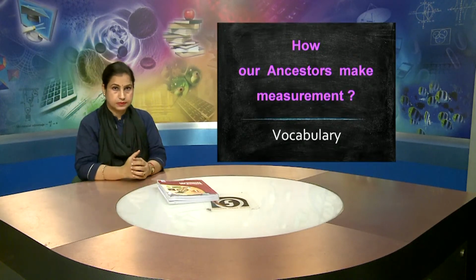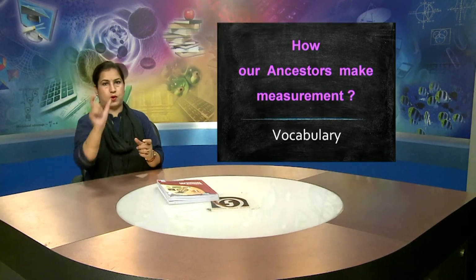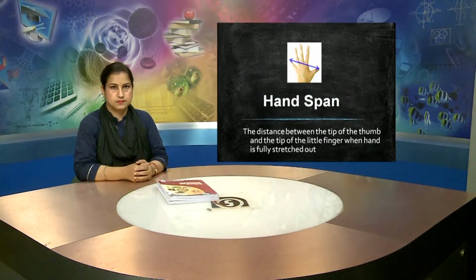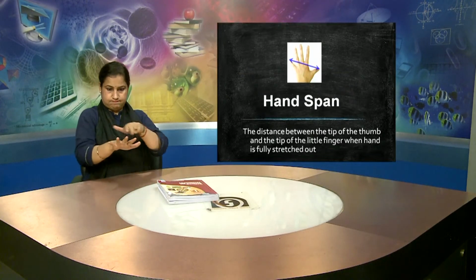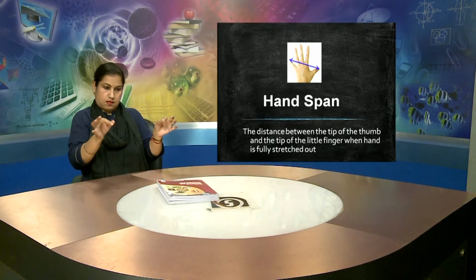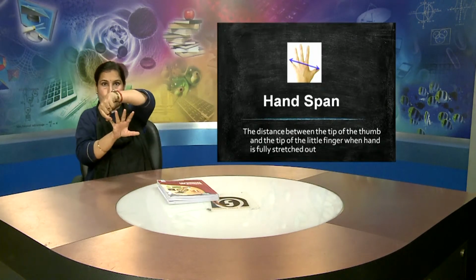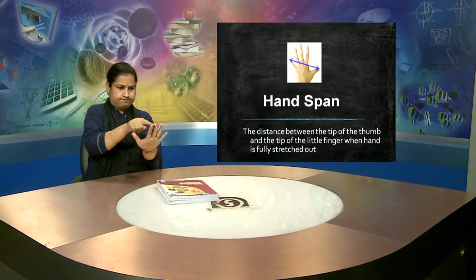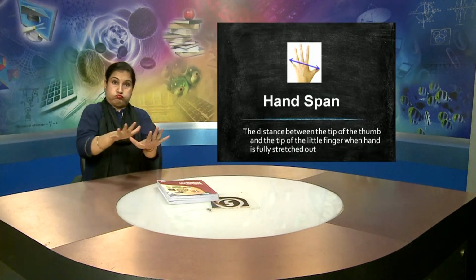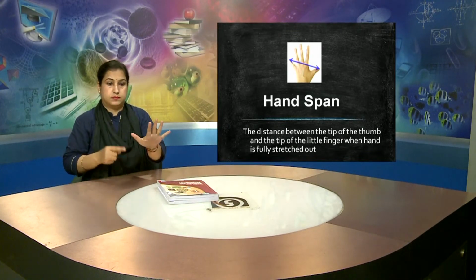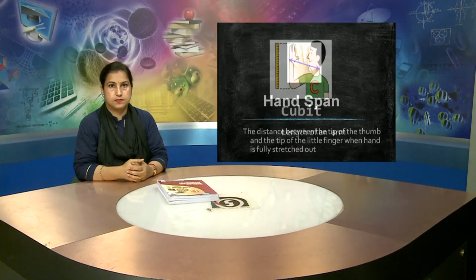First, we are going to study difficult words. Let's begin with vocabulary. Handspan: the distance between the tip of the thumb and the tip of the little finger when the hand is fully stretched out. That is called handspan.